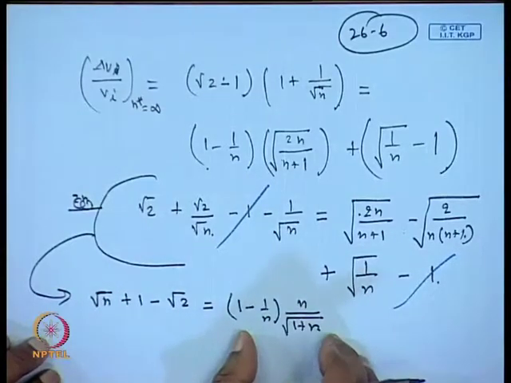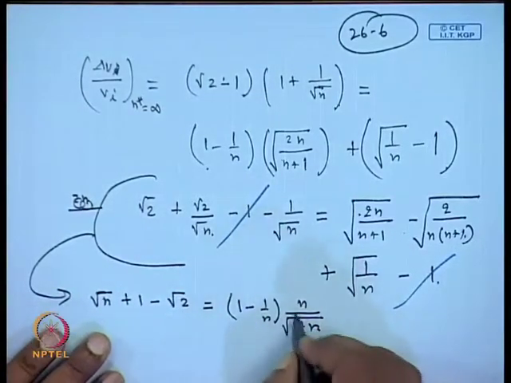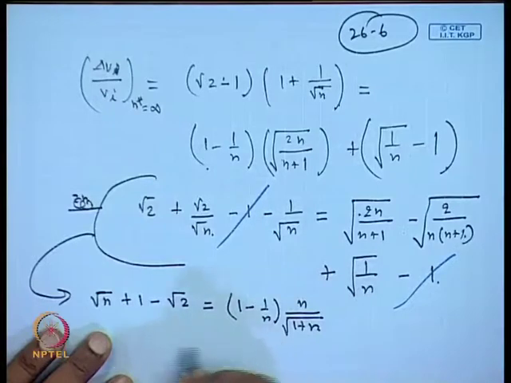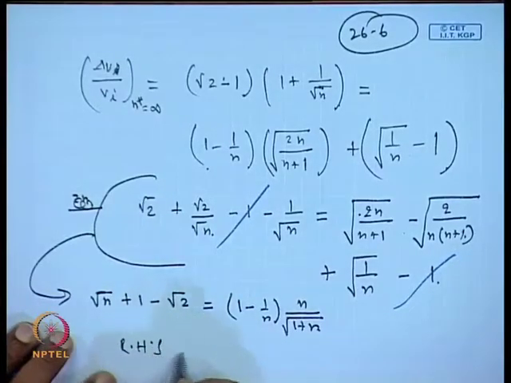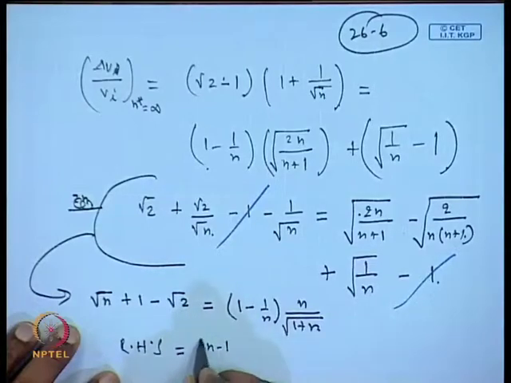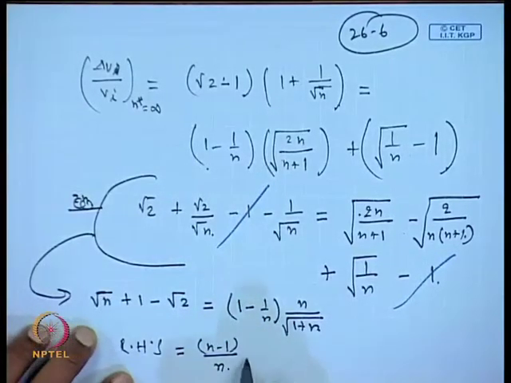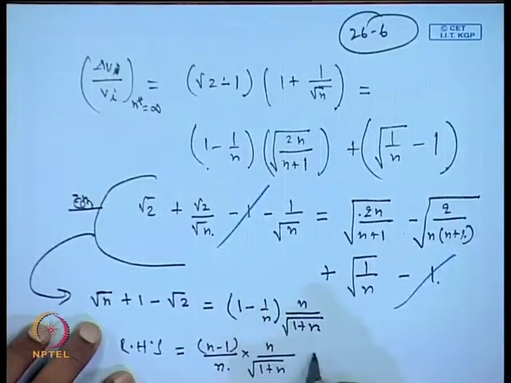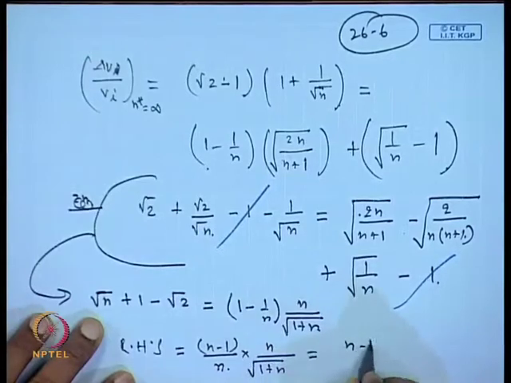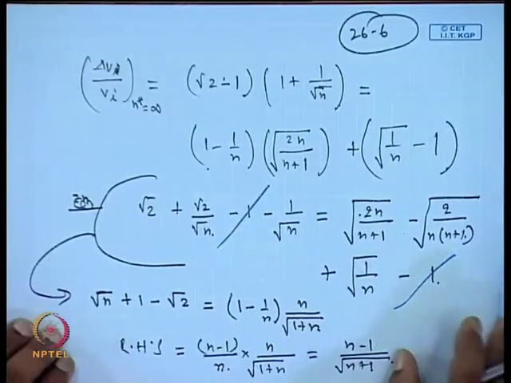This can be further simplified, as you can see from this place, the RHS is nothing but n minus 1 divided by n. So, this gets reduced to n minus 1 divided by n plus 1 under root.